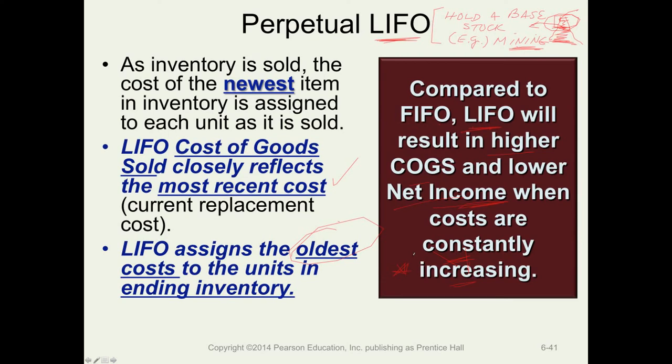And when you think about the tax regulations, there is something known as a conformity rule, which we'll see. What you're trying to do here is, since you have the higher cost of goods sold and a lower net income, that's going to lower taxes also. Now, although we have separate books for GAAP and tax, there is something known as the LIFO conformity rule.